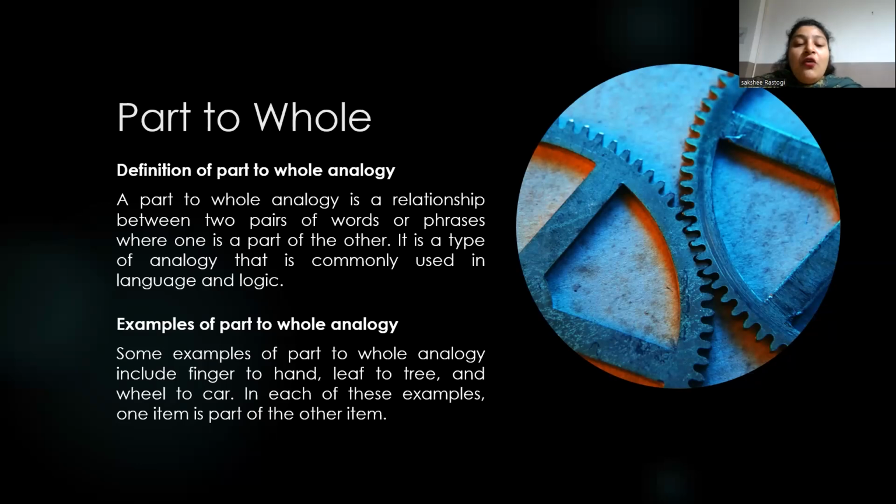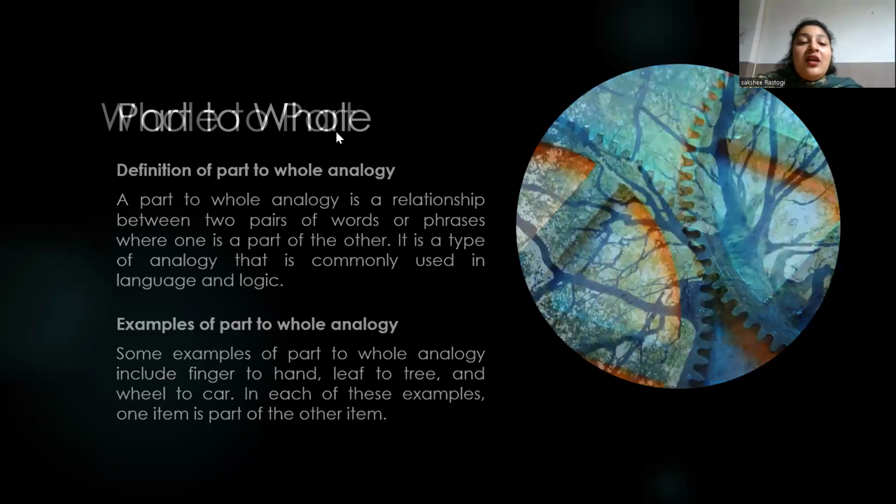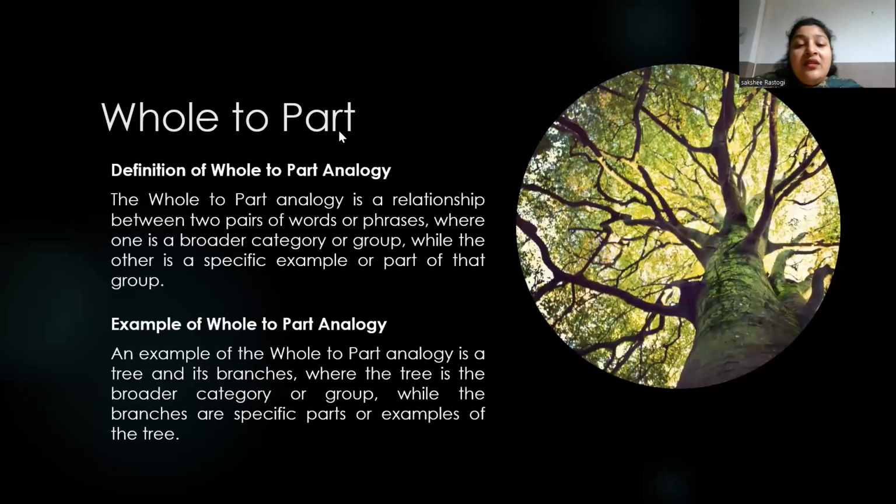So, the definition of part to whole analogy. A part to whole analogy is a type of analogy that relates a component, or part, to the entity it belongs to, the whole. It is a relationship between the smaller elements and the larger system or structure it is a part of.